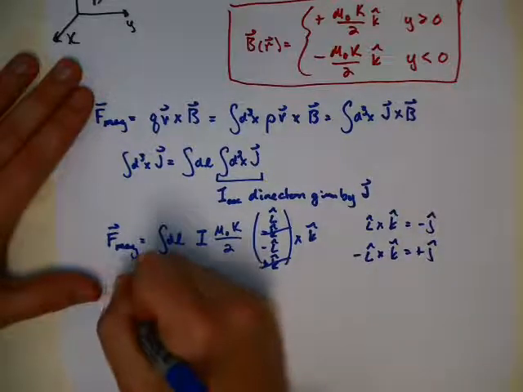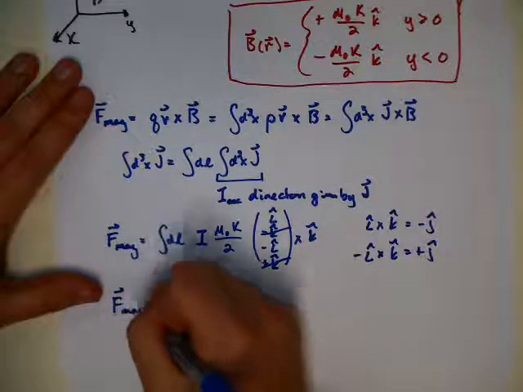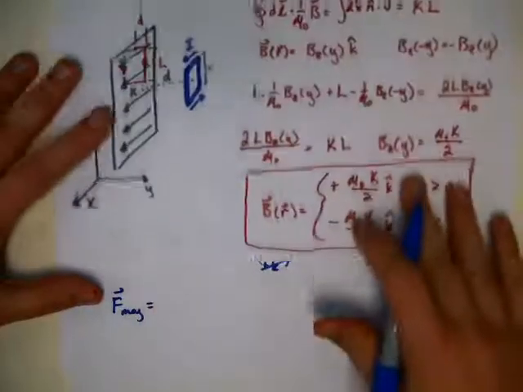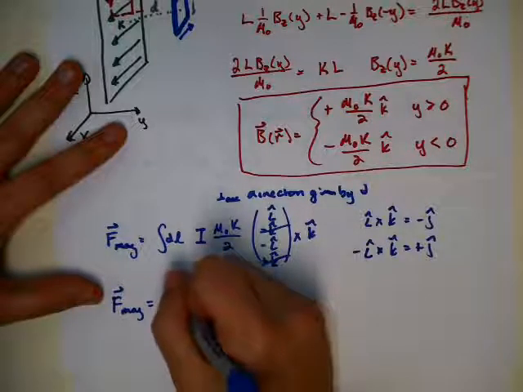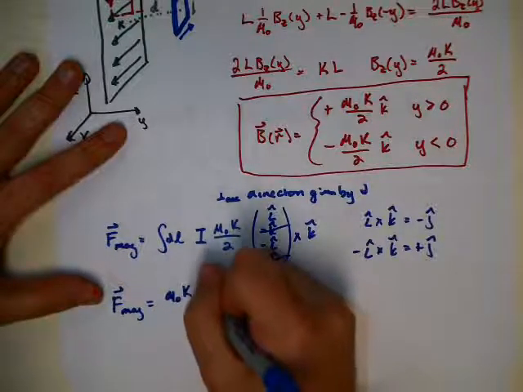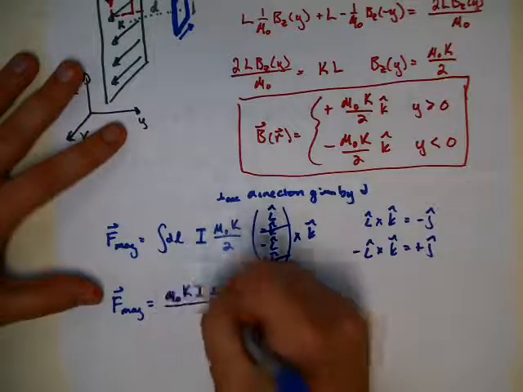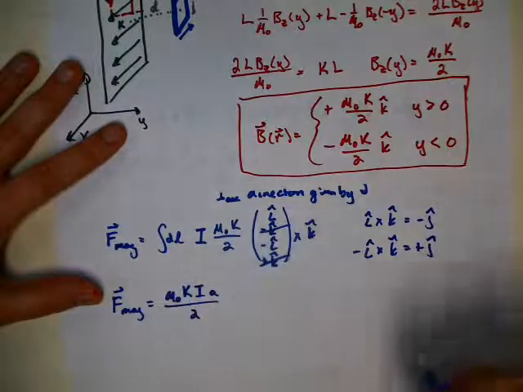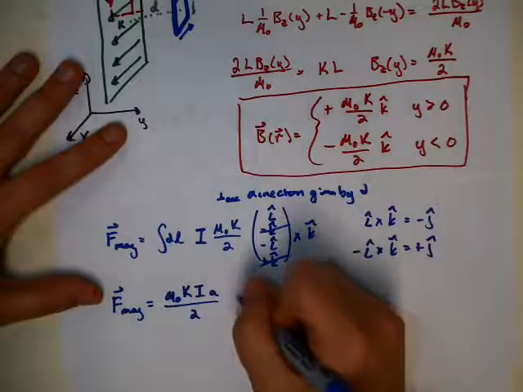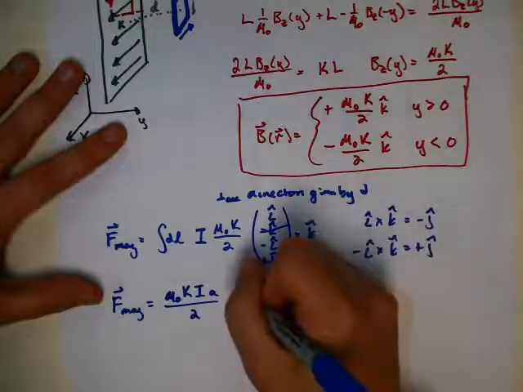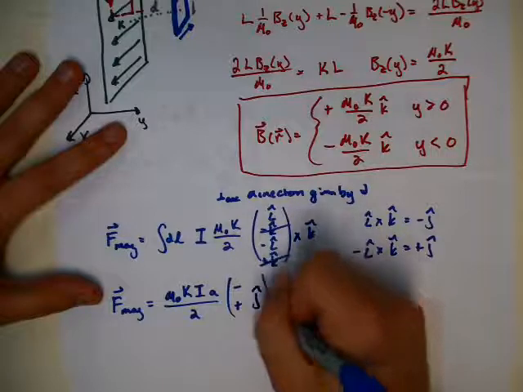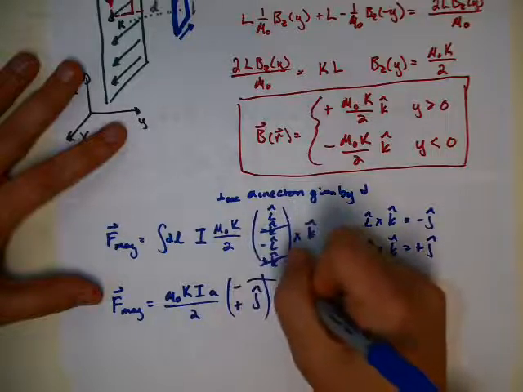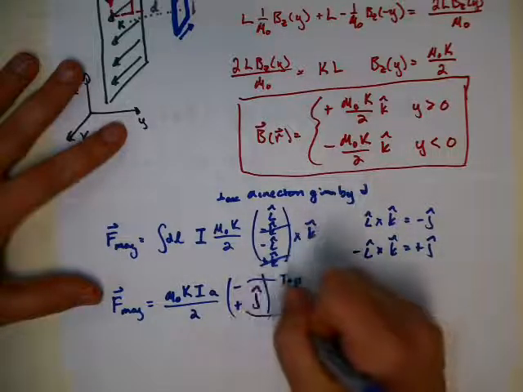And so I'm going to find that the magnetic force, the size of this loop is size A, and so this integral dl is just going to give A. So this is mu naught K I A over 2 in the minus or positive j hat direction. And so this is for the top, and this is for the bottom part.